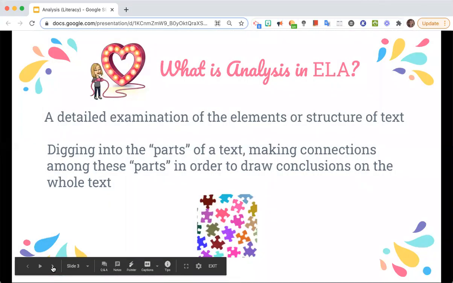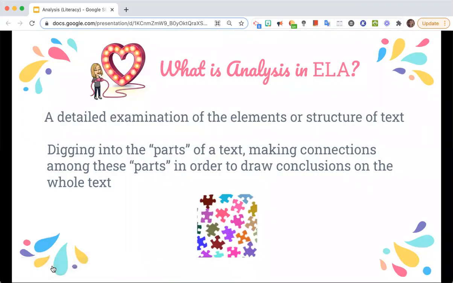So let's get started. I want to preface this training by informing you that I am the lead on all things text-dependent analysis at the IU. So if you've been in any of my trainings before, it is possible that some of these slides will look similar to you. They have a different look to them.